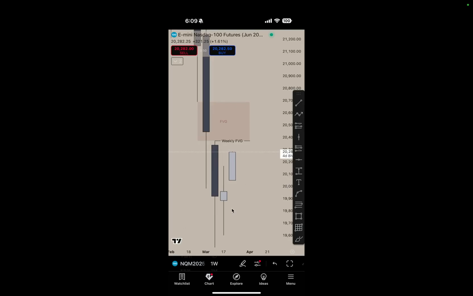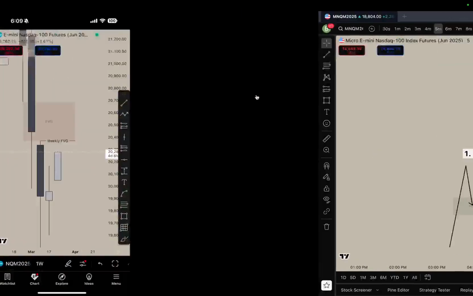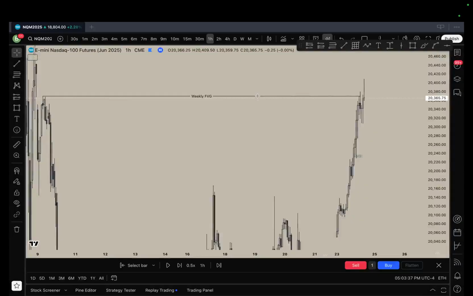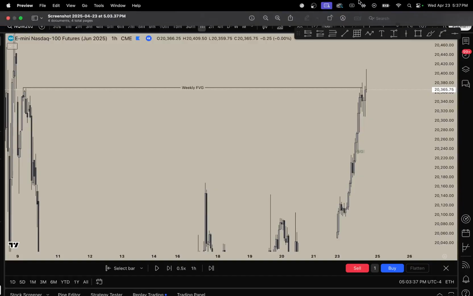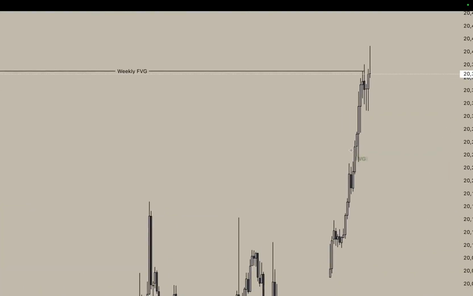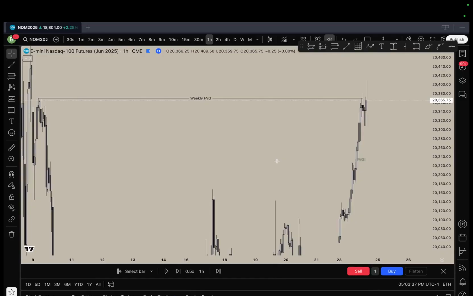So market would be moving here because we want to rebalance an inefficiency. And then as you can see here, we end up trading towards that weekly fair value gap, and price respects that hourly fair value gap right there. So just being reactive to the market, waiting for what we want to do, like conditioning, right? Do we all understand this example right here?